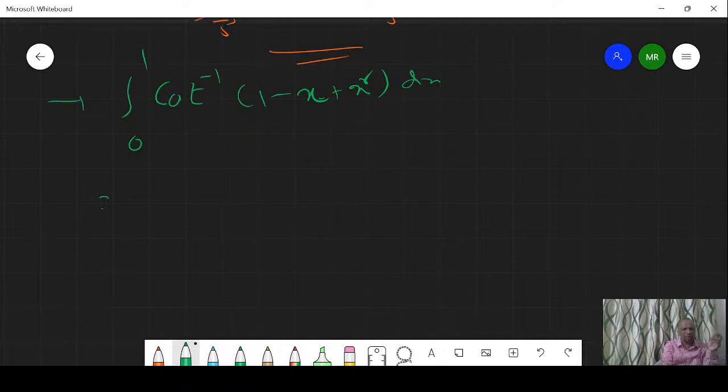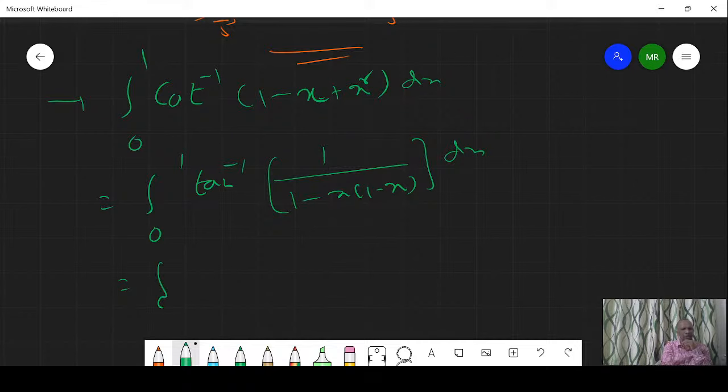I can write integral 0 to 1 tan inverse of 1 by 1 minus x plus x square, which is 1 minus, taking x common, x into 1 minus x. I can write x minus x plus x square as x into 1 minus x. You can see the sum of these two, x plus 1 minus x, will be 1.